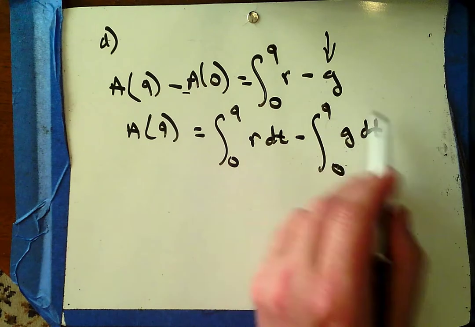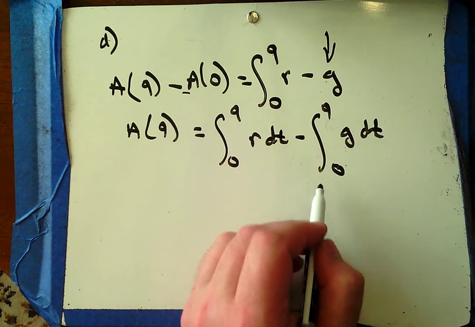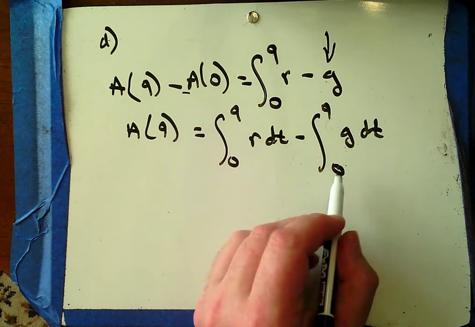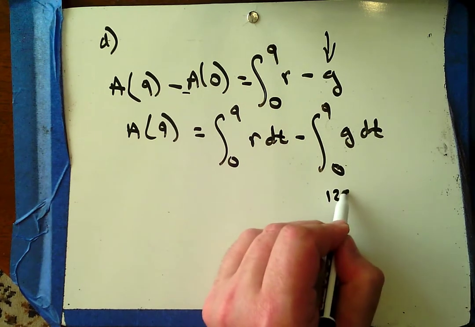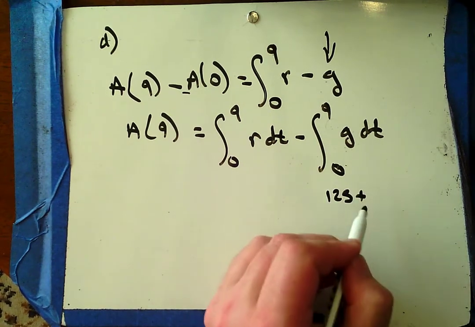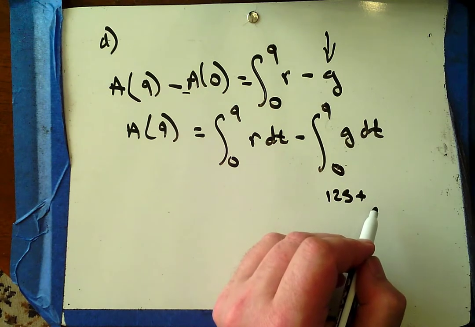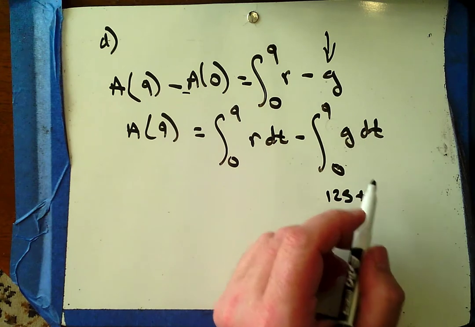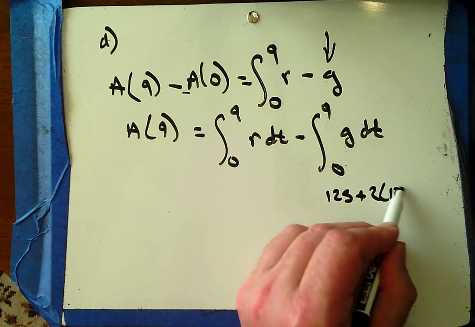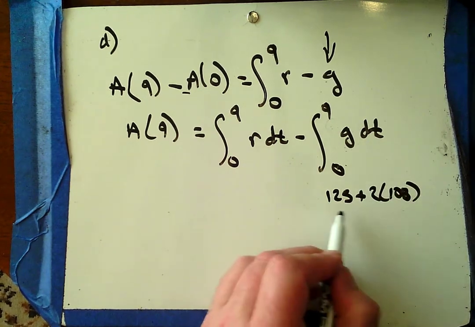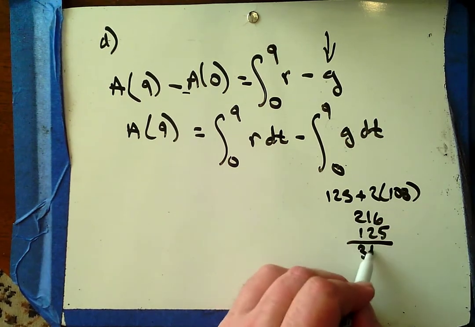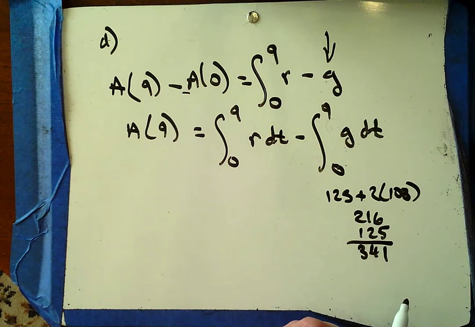I'm going to think about this as, okay, from 0 to 6, she didn't shovel anything. Nothing was removed. From 6 to 7, she removed 125. And from 7 to 9, she worked a little slower. She removed 108 cubic feet per hour, but she did that for 2 hours, 108 times 2. And so we get 216 plus 125, or 341 cubic feet removed.